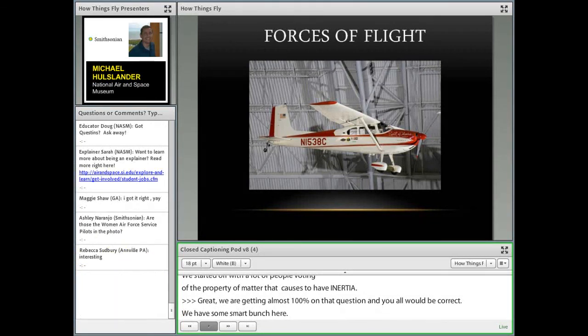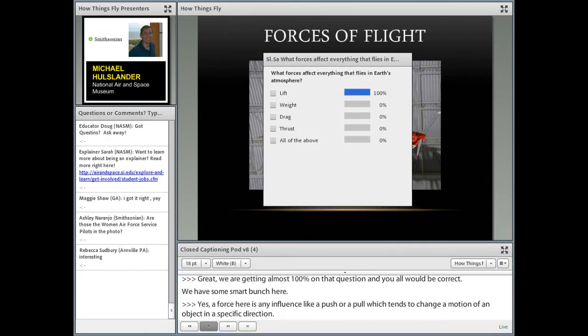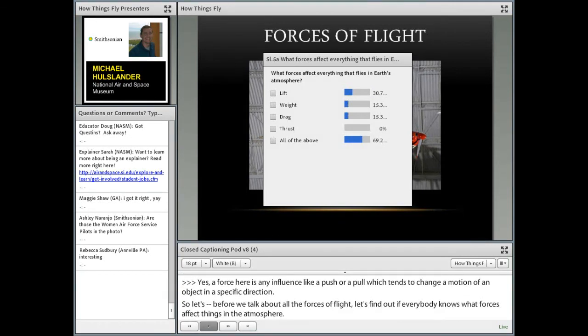So before we talk about all of the forces of flight, let's find out if everybody knows what forces affect things flying in Earth's atmosphere. Great, and you'll notice in this poll you can click more than one answer, so just a little bit of a hint, there's probably more than one that's correct.